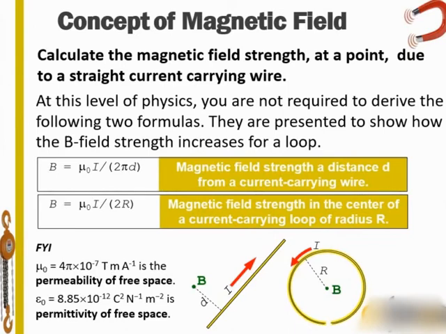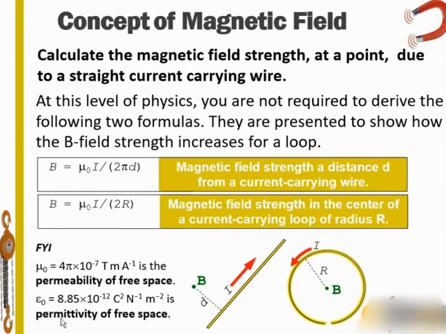So this permeability of free space is a constant you would use in this expression for determining the magnetic field strength when the wire is in air. But if the wire was in water or some other medium and you wanted to calculate the field strength, then you would use a different value. It wouldn't be this value here. So don't get this constant mixed up with this constant here.